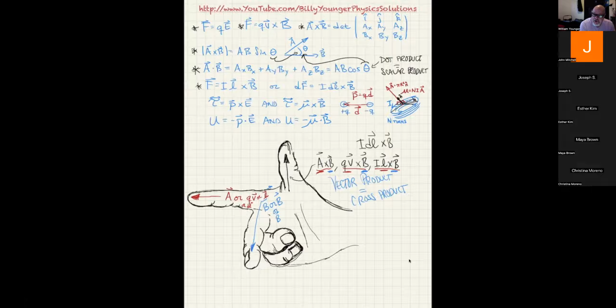Or we can chop it up into little differential segments in case the wire is actually bending as opposed to being really straight. And in that case, you get this nice little equation. I used that last time to show you, for instance, how to calculate the force on a semicircular loop of current carrying wire.